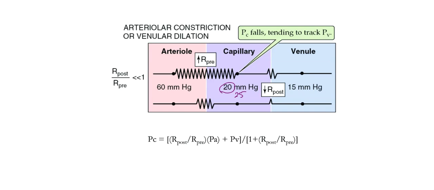If you have a lower capillary hydrostatic pressure, it'll move less fluid into the tissues. Okay? So we care about the relationship between the resistors on either side of the capillary bed because it will give you information about how much fluid, nutrient, and gas exchange are going to happen at that particular capillary bed. It'll also dictate whether or not those capillaries are open.